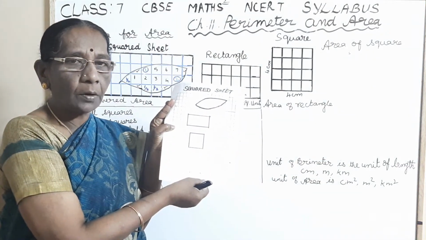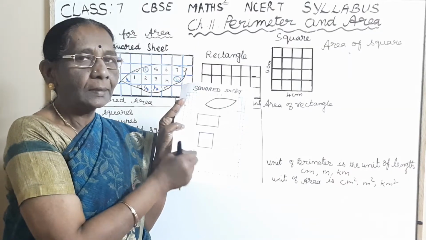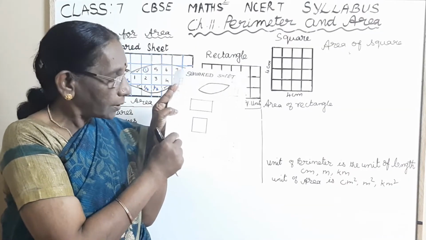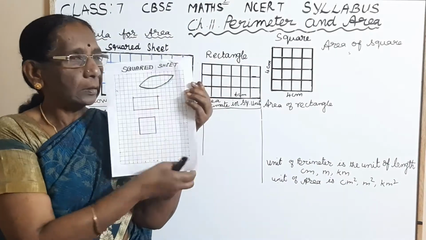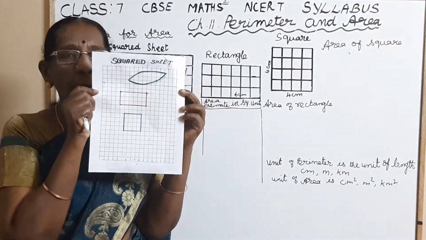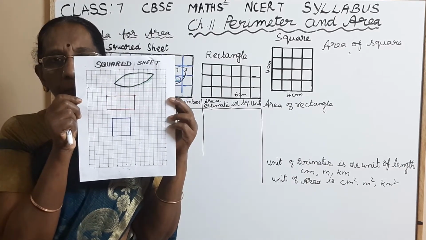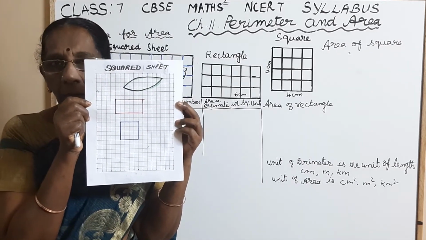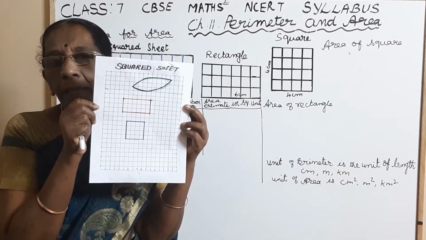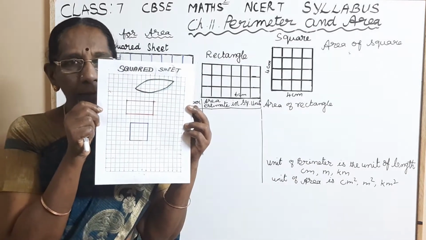What is the meaning of unit squares? The length of the side of each square is 1 centimeter. We use this sheet or graph sheet to measure the area of the closed figures.